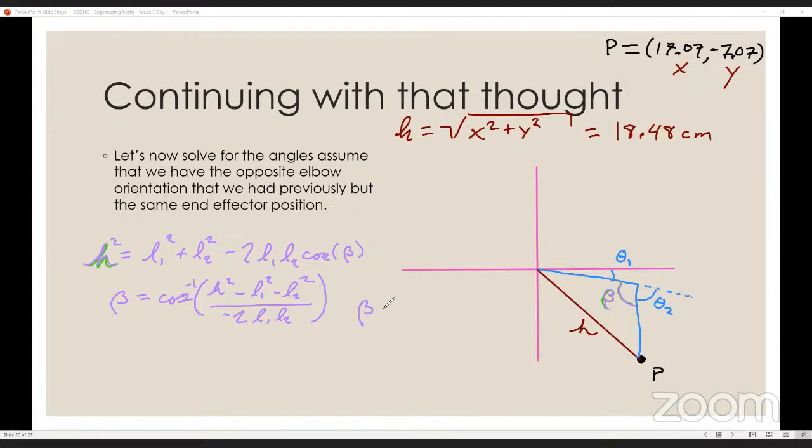So beta is going to be, well, we've got to crunch this. What's beta going to be? We've got H. So 18.48 squared minus L1, which is 10 squared, minus 10 squared, divided by negative 2 times 10 times 10.